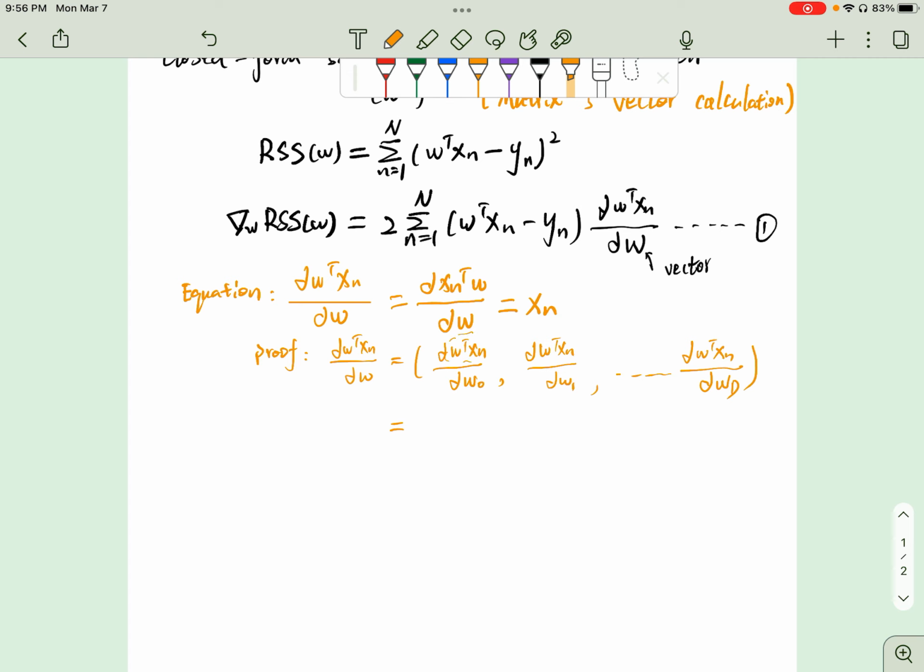So here you should pay attention that this omega 0 is a scalar, but these two are still vectors.